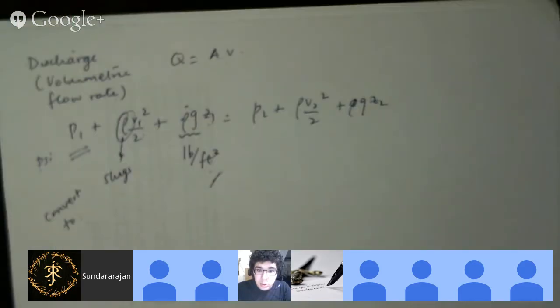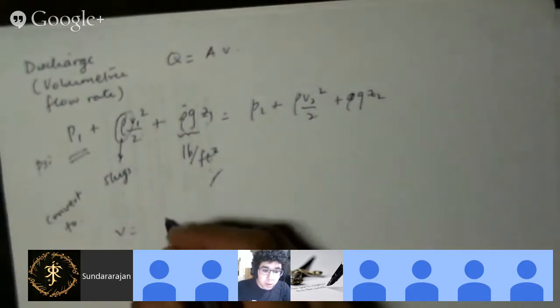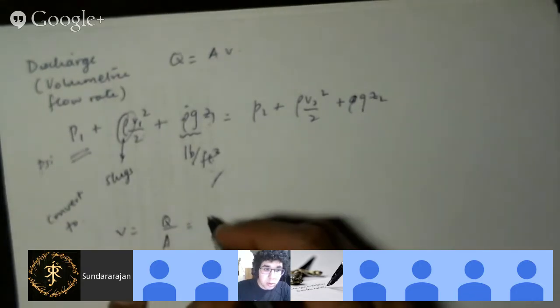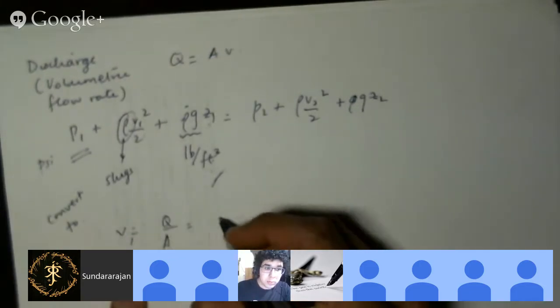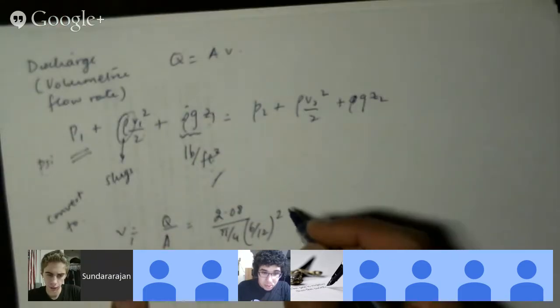What do we use as the area of this cylinder? Area is the area of the pipe. The diameter is given, 6 inches. So velocity would be Q over A. For the first one, it is Q, which is 2.08, over 0.805 or pi over 4 times 6 over 12 squared, and then V2 would be similar.